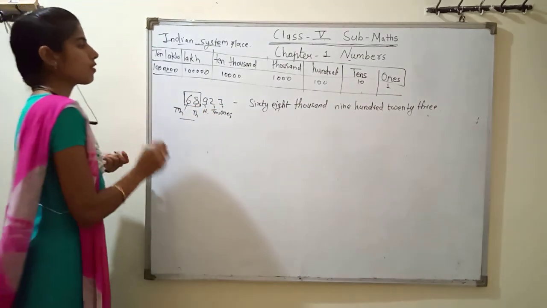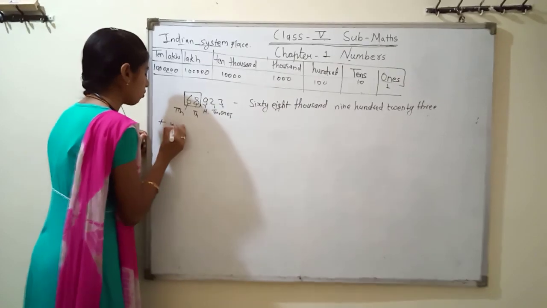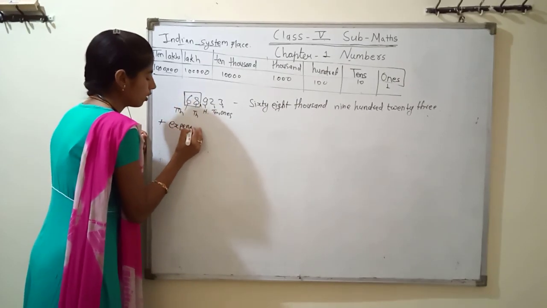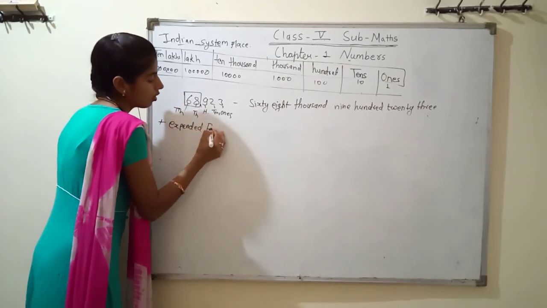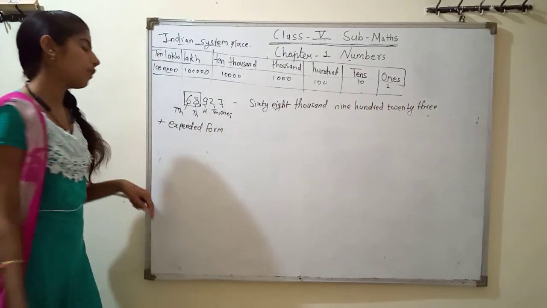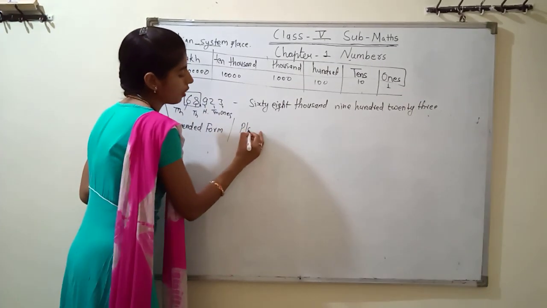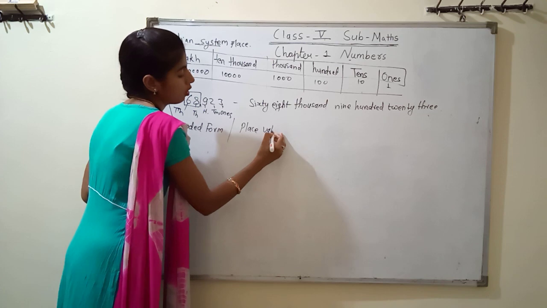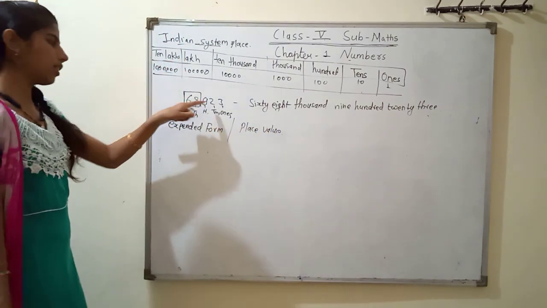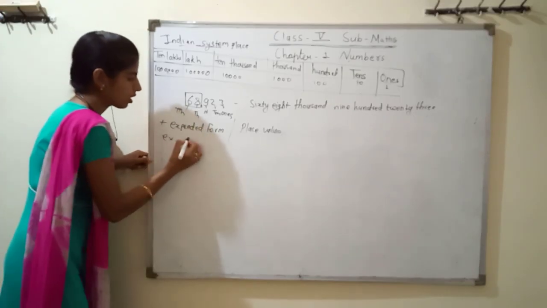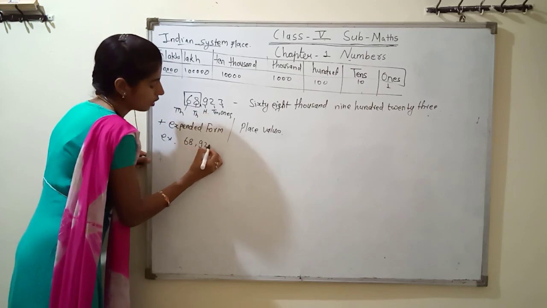Next in this we also read about expanded form. Before reading the expanded form, we read about place value. I write the same example here: 68,923.